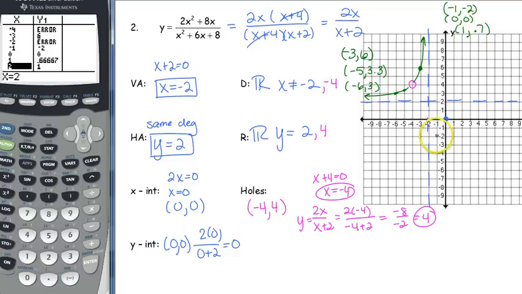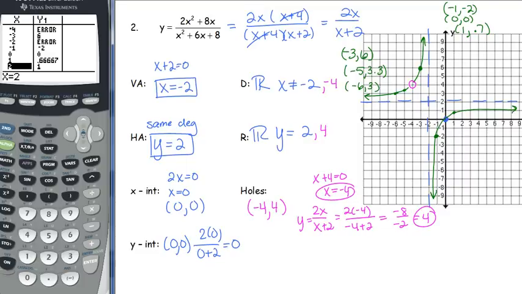So negative 1, negative 2, plot our point. We had our x and y-intercept already there, and 1.7. No holes on this side, so we don't have to worry about skipping any spots. And there you go.